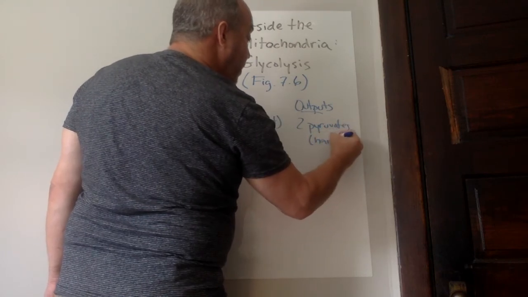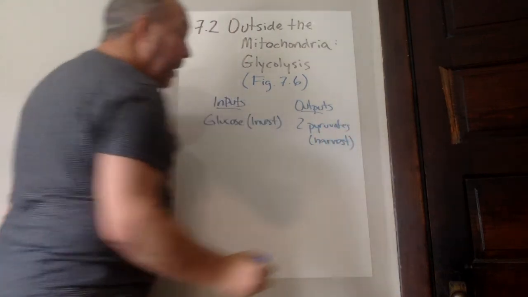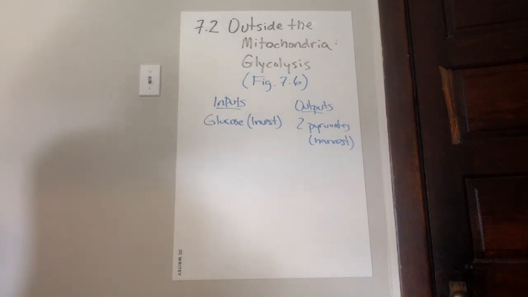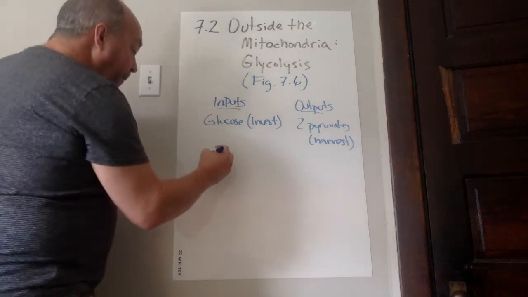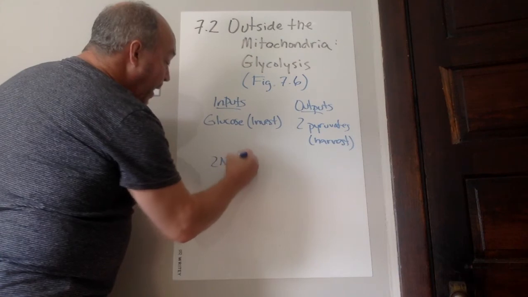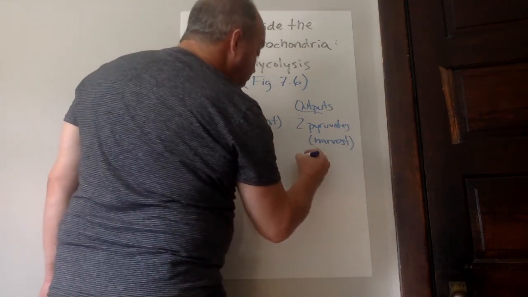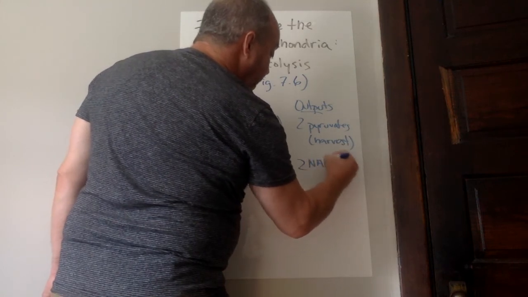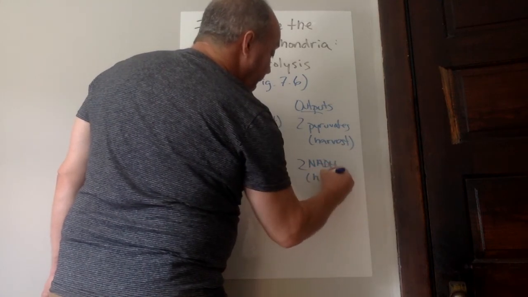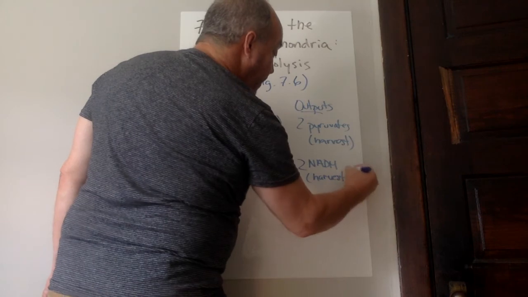This will happen in the harvest section. We will put in 2 NAD plus molecules. They will get converted to 2 NADH molecules.